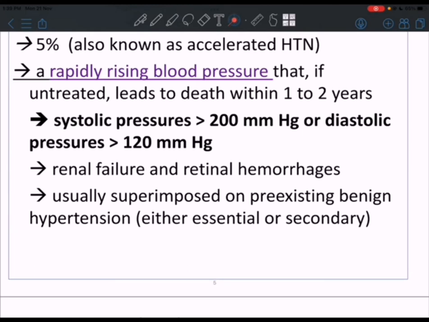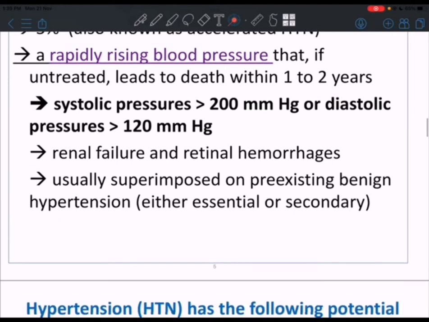It can lead to target organ damage like renal failure or retinal hemorrhages.